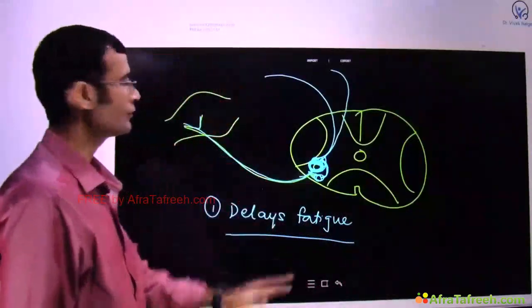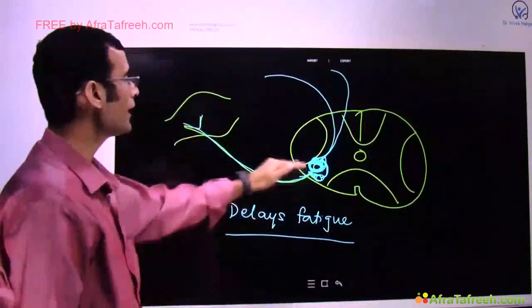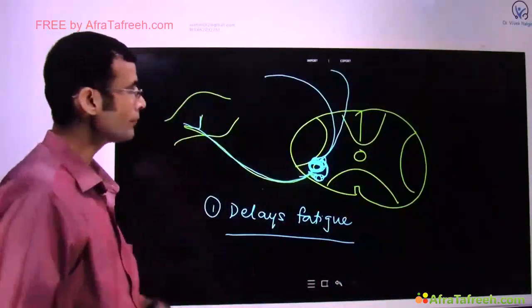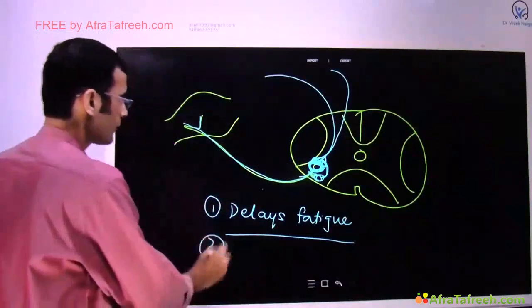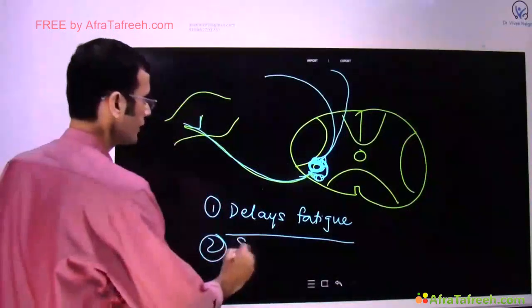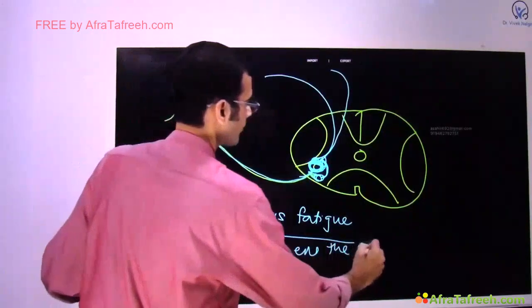That's the purpose of this Renshaw cell inhibition. It decreases the excitability of the anterior motor neuron and thus delays fatigue. The second purpose of Renshaw cell inhibition is that it sharpens the signal to the muscle.